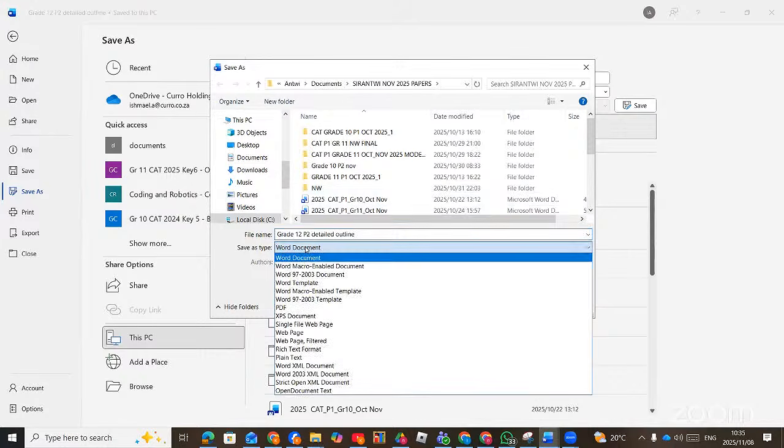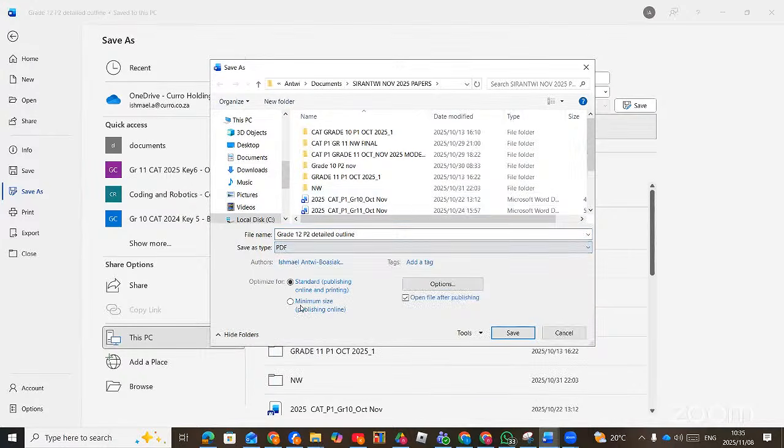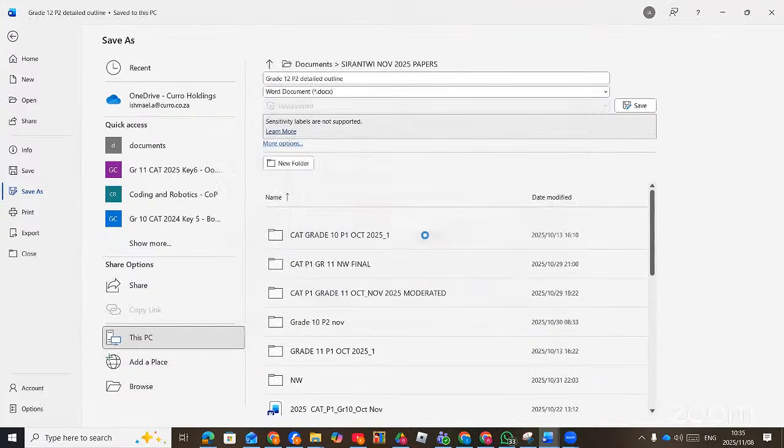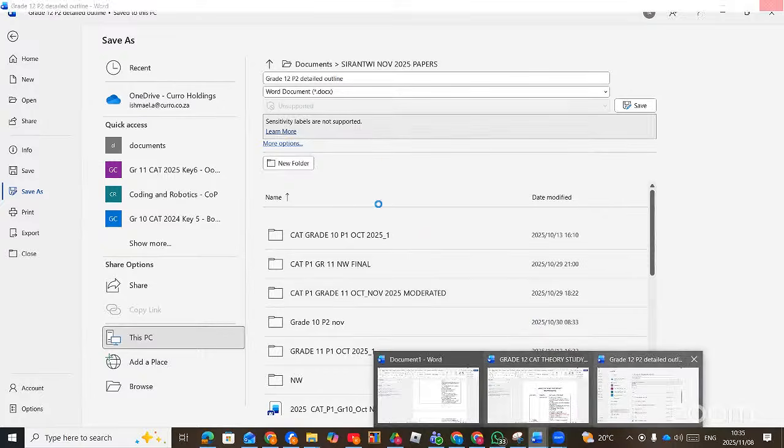So I choose save as type, then I choose PDF, then I'll be able to save it so that everybody can use that particular PDF. Right. So that is one way of solving compatibility issues.